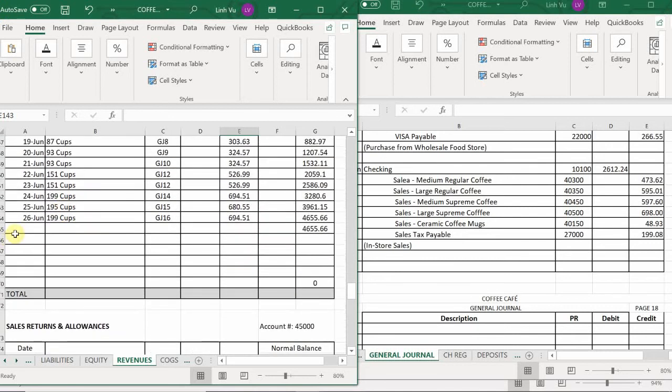Our next account is the sales large supreme. We sold 200 cups for $6.98. And our grand total is $5,353.66. Good. Excellent.